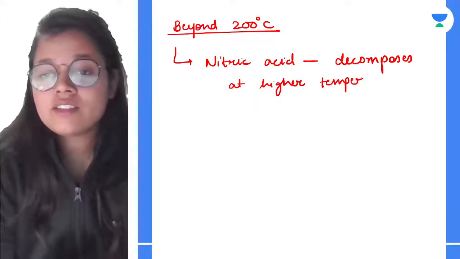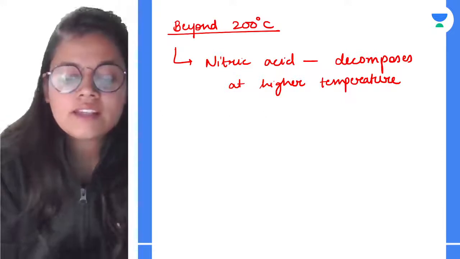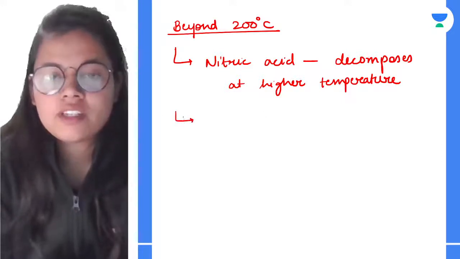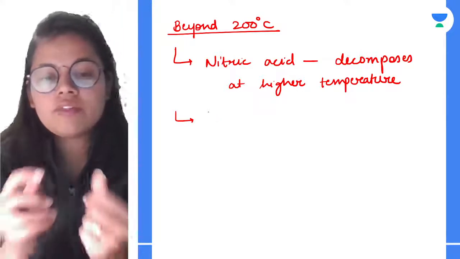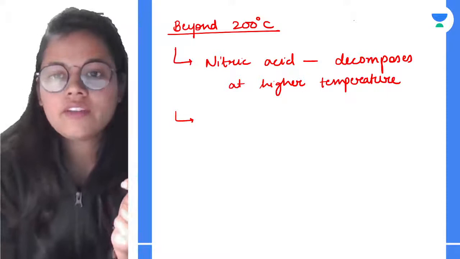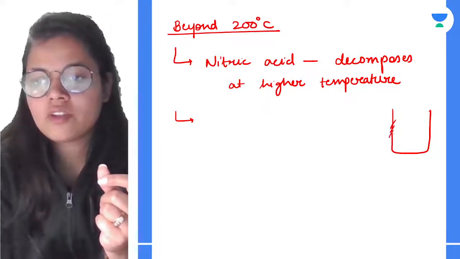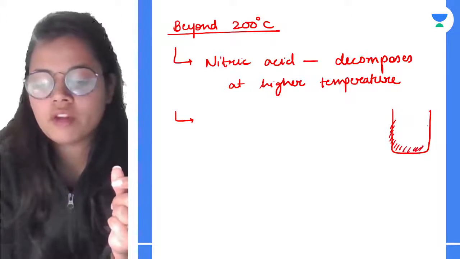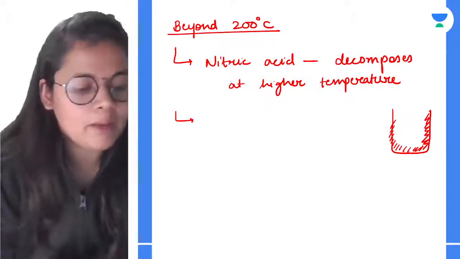Now what is the problem that we can face? See, if we keep the temperature above 200 degrees Celsius, this sodium sulfate will form a hard crust, and it will be sticking. So if this is our apparatus, it will be sticking to the walls of the apparatus, and the apparatus gets damaged.